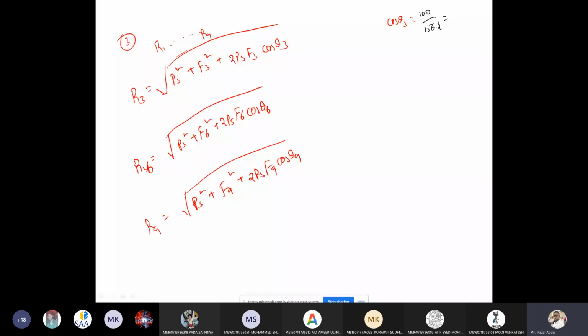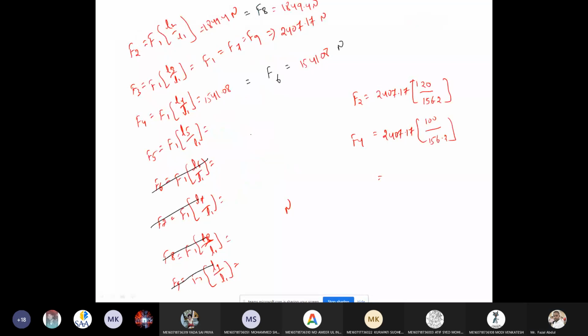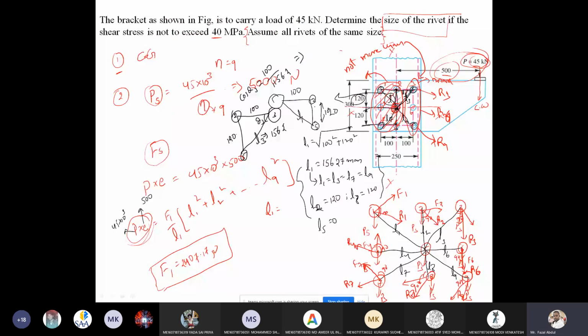Now F3 we just calculated here. This is F3. Now PS, how much? The PS value at the beginning we calculated as 5000 newtons.